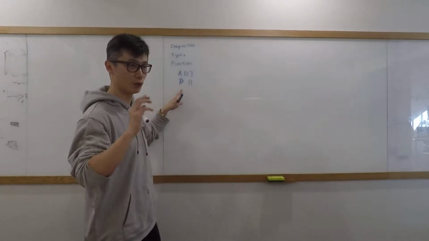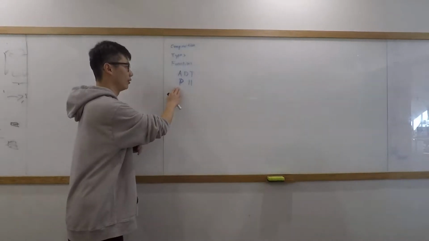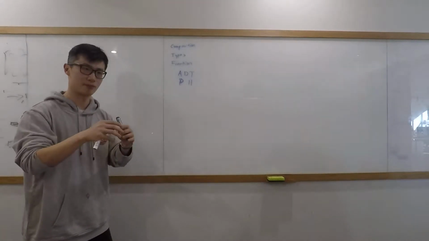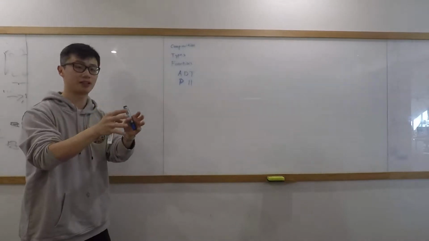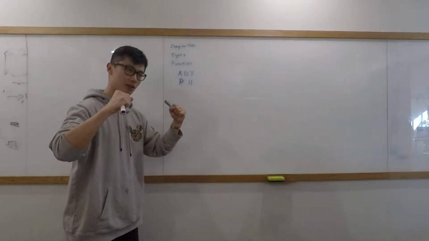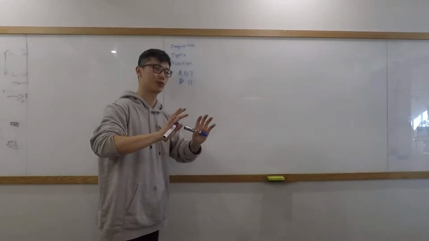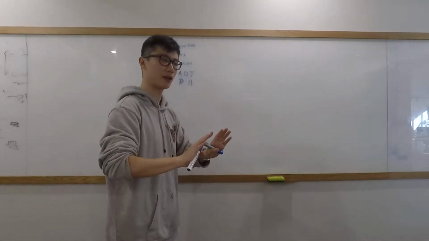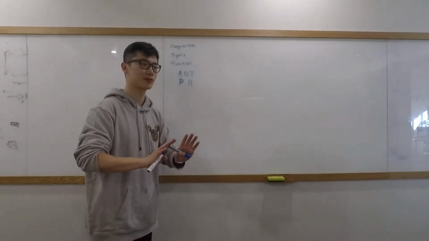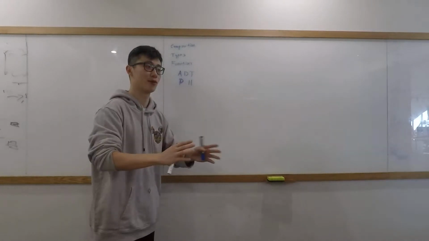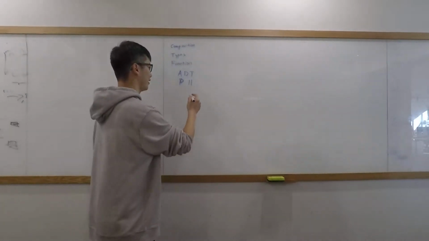We're talking at the type level, right? A type that contains another two types. Can you construct something like that in JavaScript? Yeah, objects. So it's very easy.